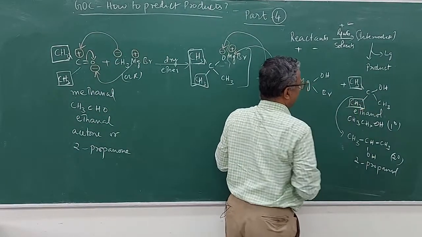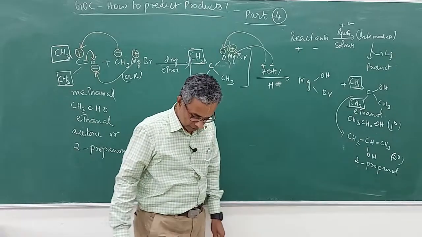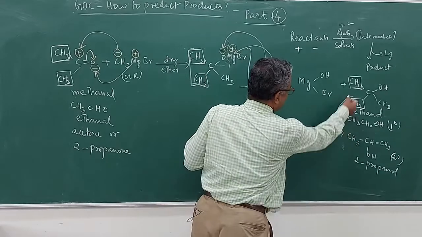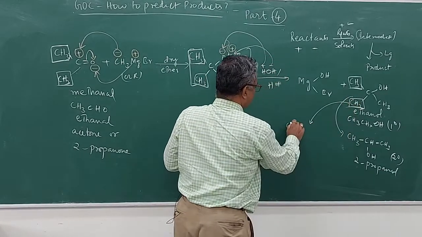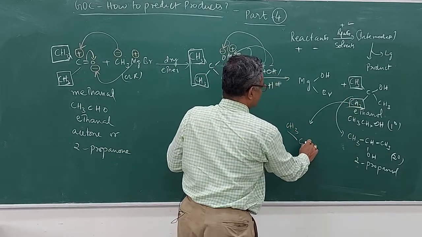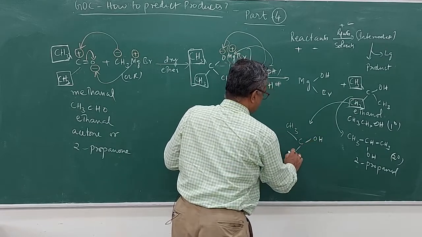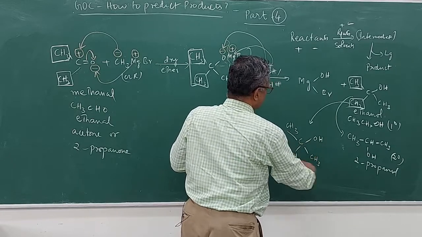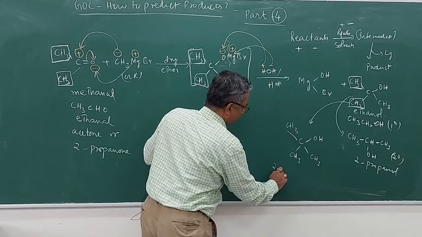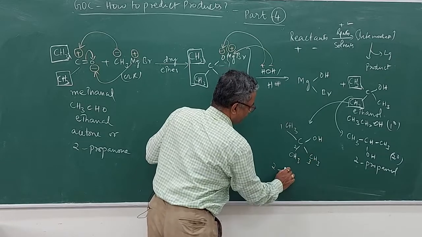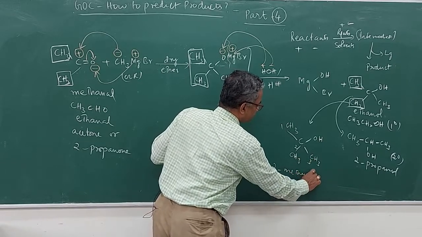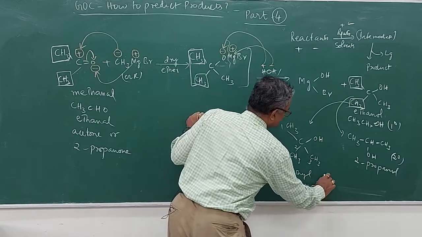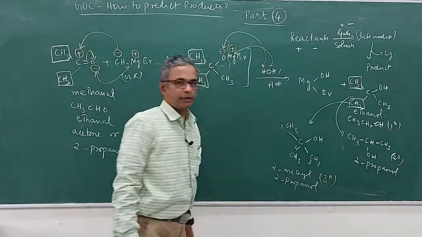You can see that everything remains the same, it just simply gets altered, and now you will have the product like this: CH3, C, OH, CH3, and then CH3. So this is 2-methyl-2-propanol. This is a tertiary alcohol.